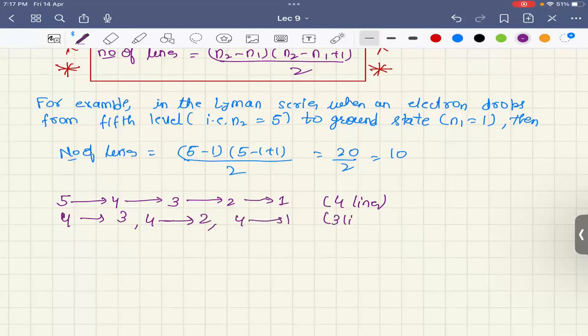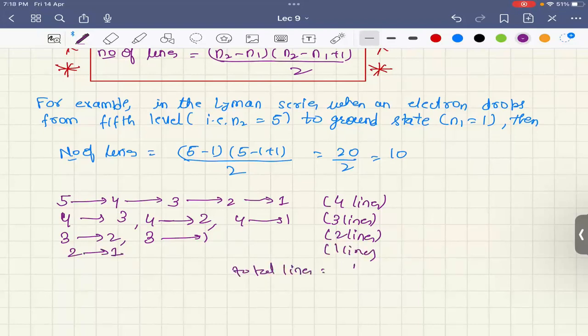So these are 3 additional lines, right? And then 3 to 2 it can go, or 3 to 1 it can go. So these are 2 lines. Then 2 to 1 it will go. This is 1 line. The total lines: 4 plus 3 plus 2 plus 1, which is 10, right?